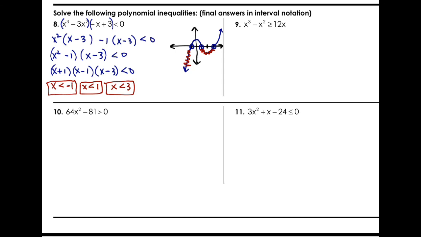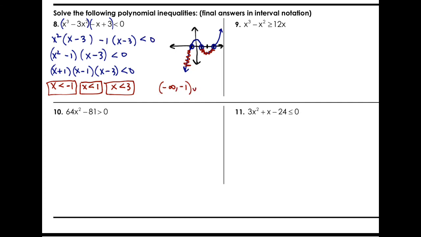So last step, interval notation. So we've shaded from the negative infinity side to -1. So negative infinity to -1, union.